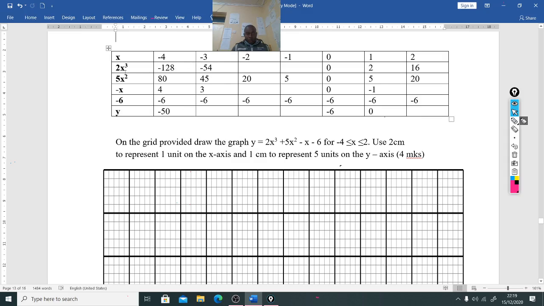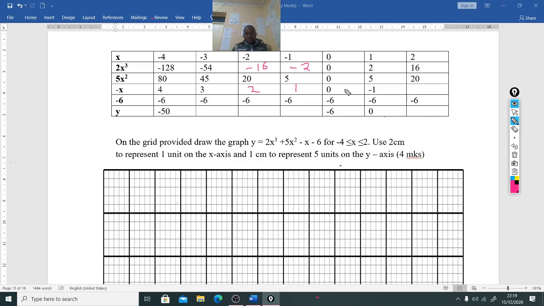Like just 2x cubed, meaning that you cube -2, you times 2, you get -16. So this becomes -16. And this becomes -1, you cube, you get still -1, times 2 is -2. Then 0 and all that. Then here you have negative x, so negative of negative 2 is 2 positive.